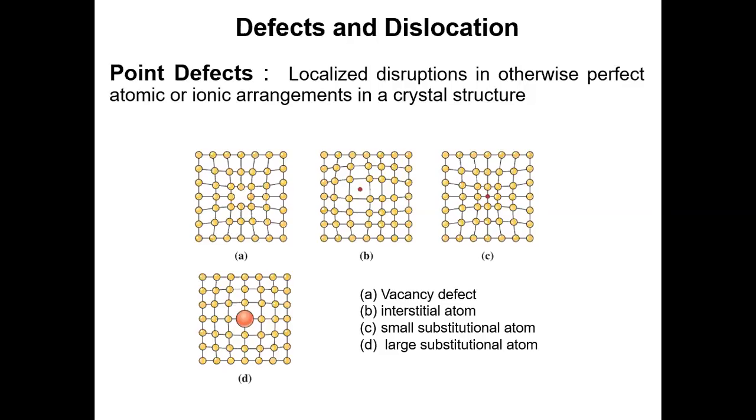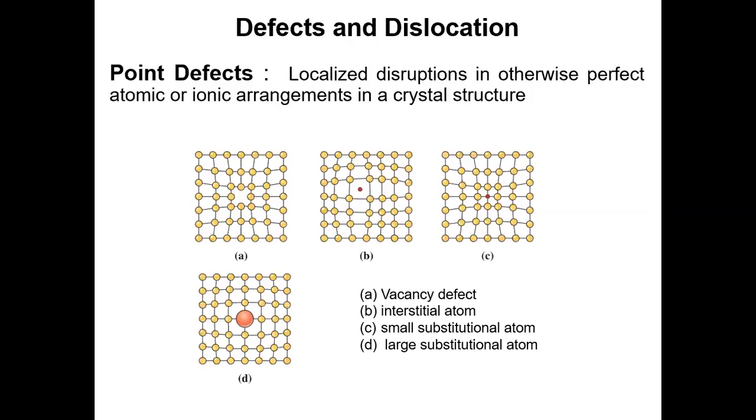Okay. One type of defect we call point defect. Right? That means they are localized disruptions in an otherwise perfect atomic arrangement in a structure. At certain points there are defects, so we call them point defects. In general, you can identify basically 4 types of defect in a perfect crystal structure.